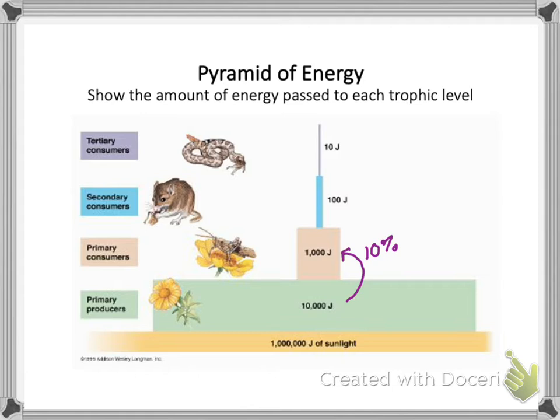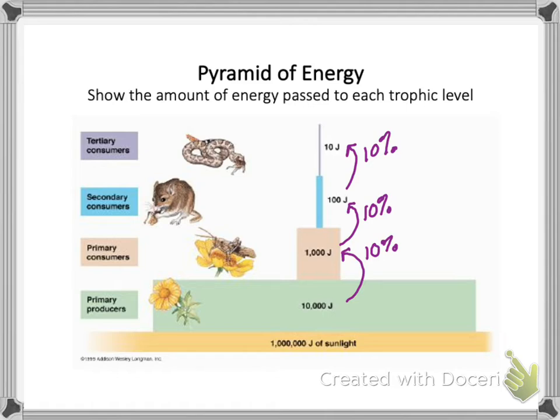And then as you move up the food chain, we're seeing a decline in the amount of energy that is available. If you are a top predator at the top of the food chain, you're getting a very small percent of the original energy taken in by the organism.